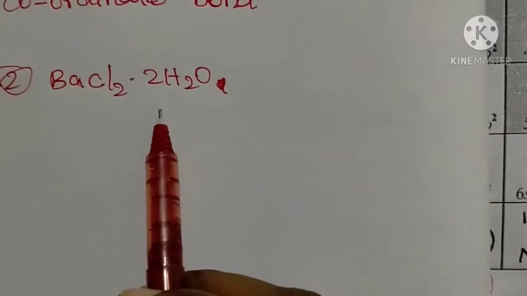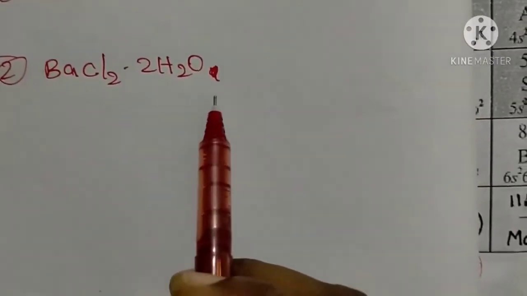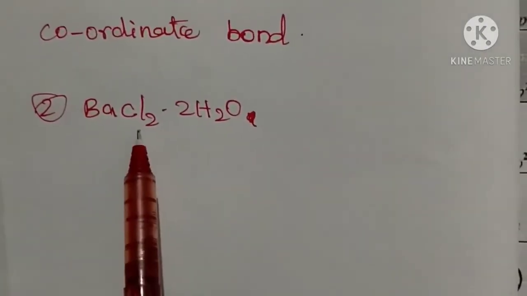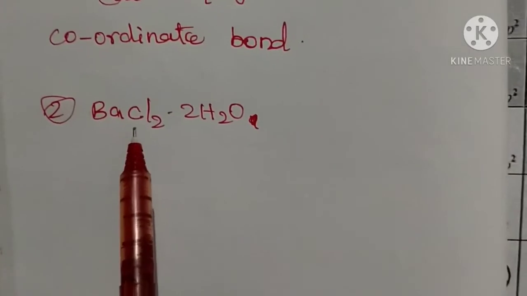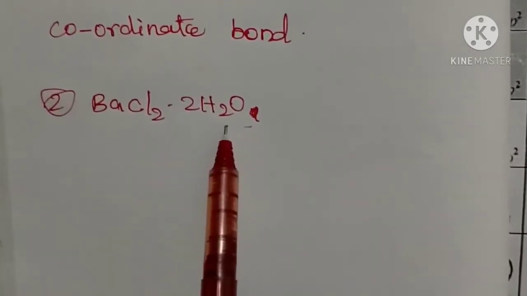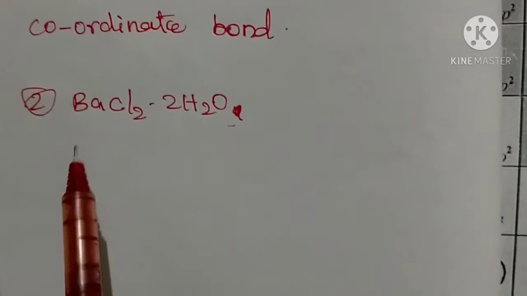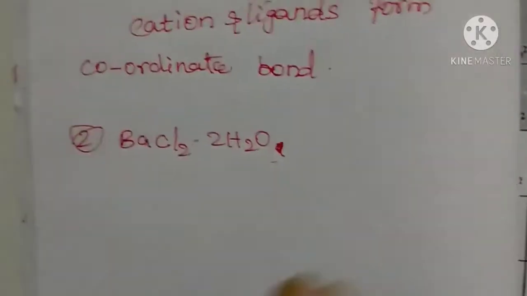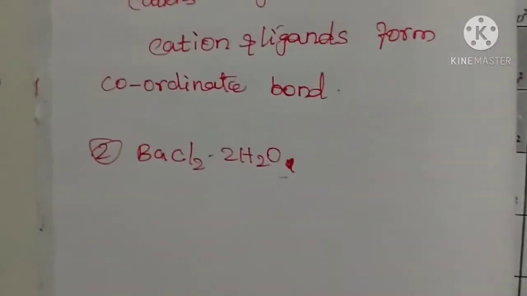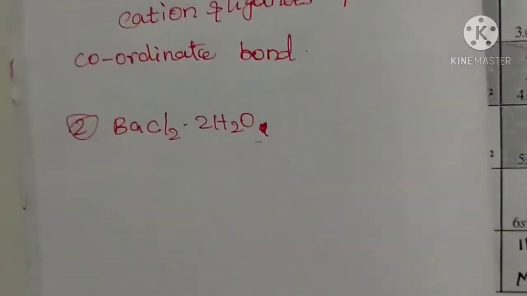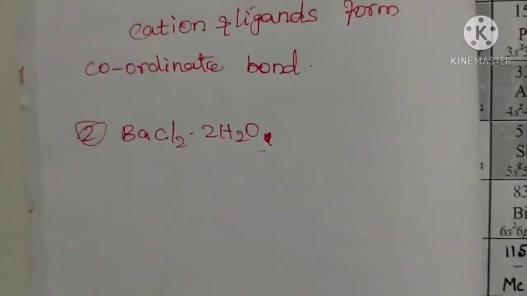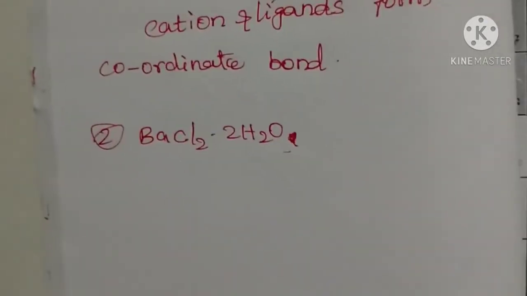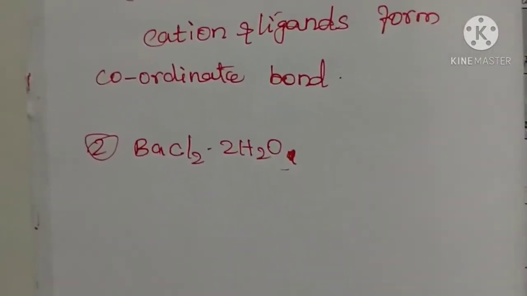So these 2 molecules are present in the interstitial position. This barium is directly bonded with the 2 chlorines, and the 2 molecules of water are bonded with the barium in the interstitial position. That means not in a coordination bond, but they are associated with that metal cation. It is a distant position, far away from the center of the metal cation.